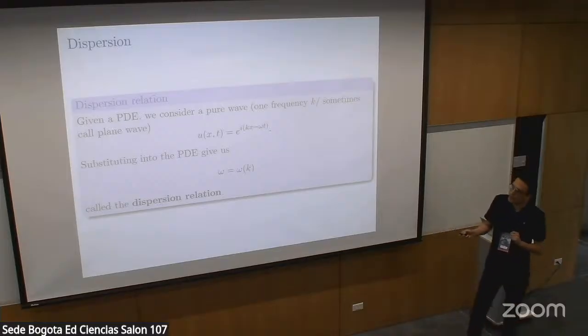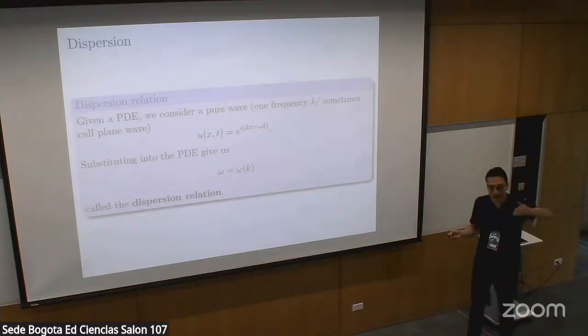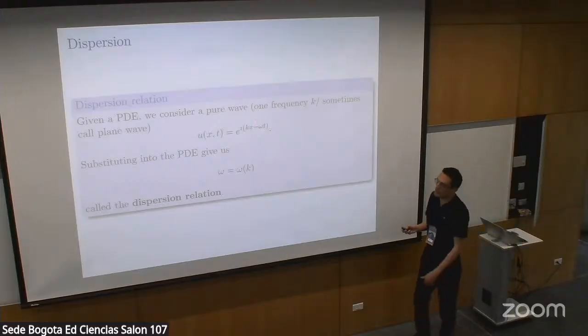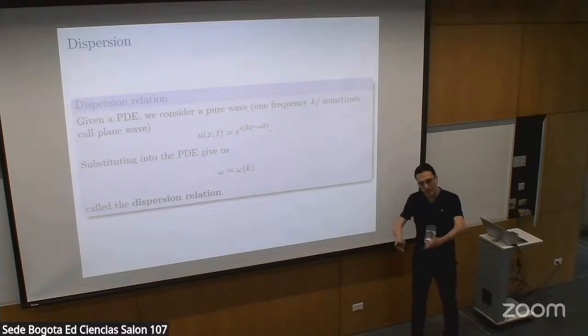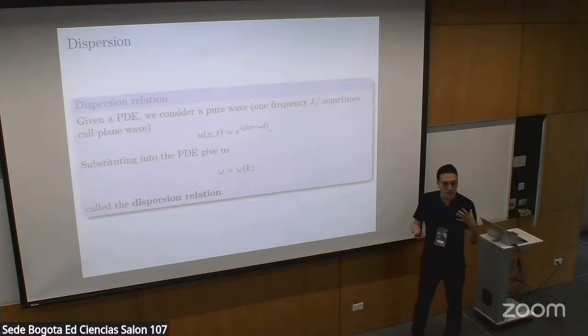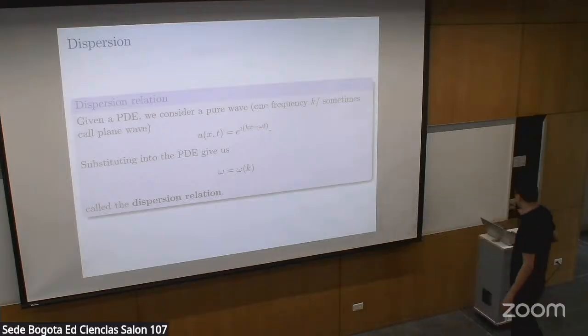So I take one particular solution of this form and plug it into the equation, and then I will find this thing here called the dispersion relation, this omega that appears here, right? So what we're doing is we have a PDE, and we insert this solution to check whether the equation is dispersive or not. That's the idea.